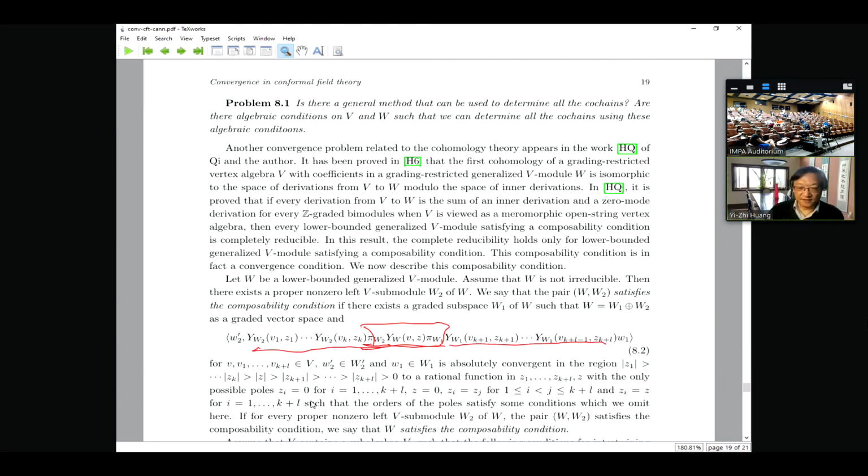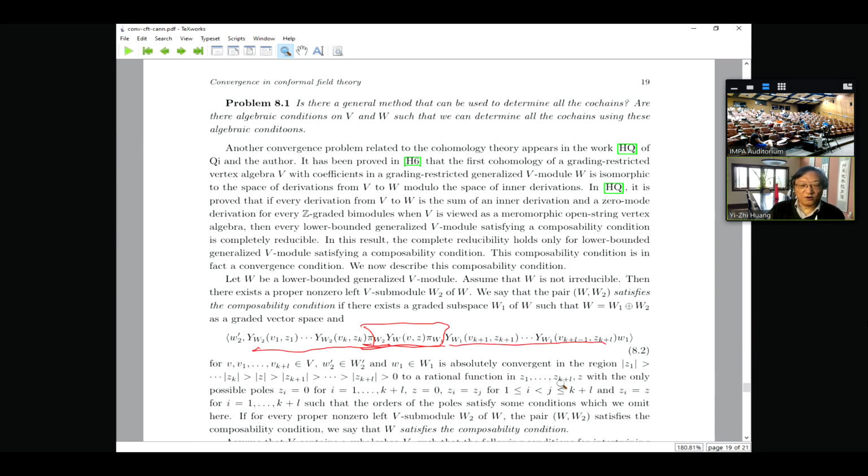condition is satisfied. In the special case, if the original vertex operator algebra has a very nice subalgebra, then we can prove indeed we can find such a W1.